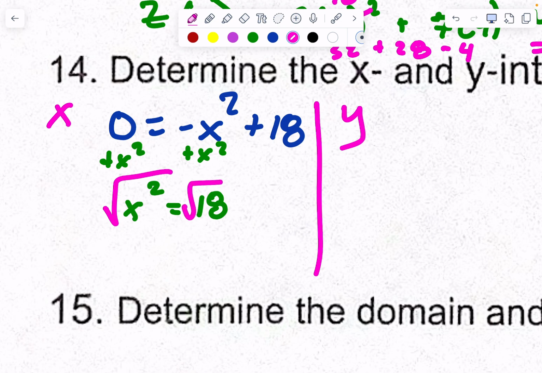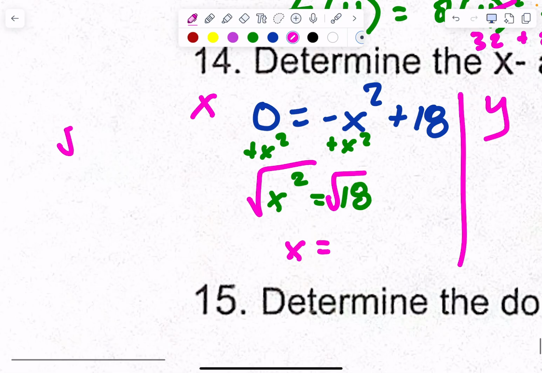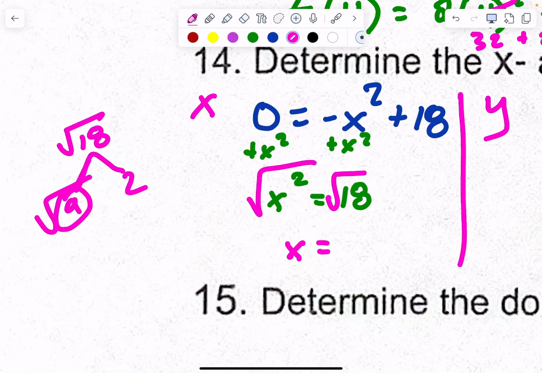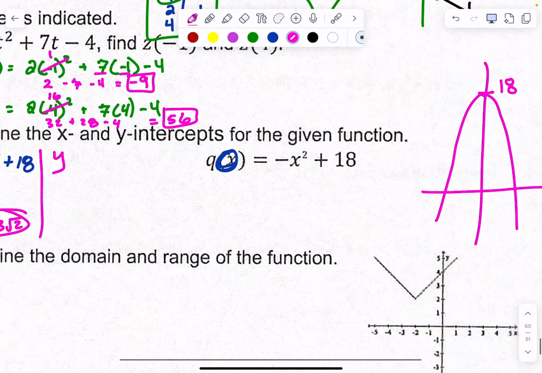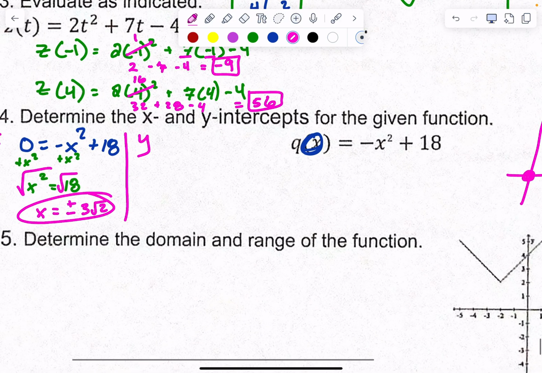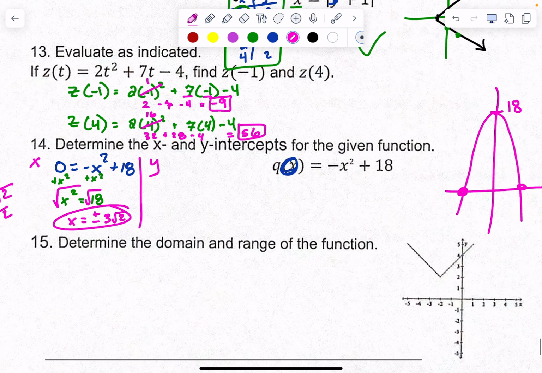The square root of 18 does not come out nicely, but you can break it down. 18 is 9 and 2. The square root of 9 is 3, and the square root of 2 just stays. Don't forget plus or minus. So it's plus or minus 3 square roots of 2. That's these two places right here: -3 square roots of 2 and +3 square roots of 2. That is all of them.